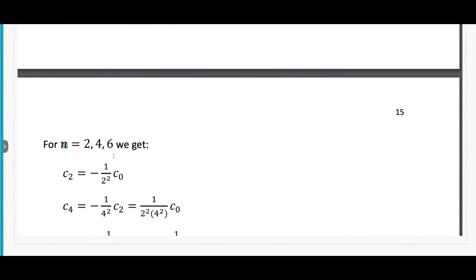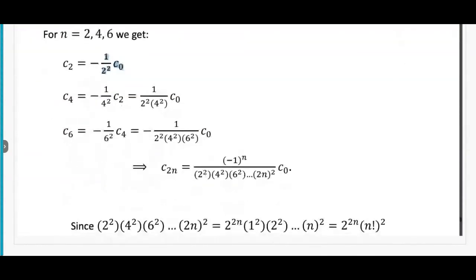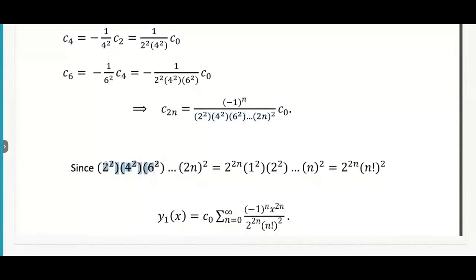So n equals 2, 4, 6. Plug in to try to find the pattern. So the pattern is this. So negative, positive, negative, positive. So we get an alternating sign, negative 1 raised to n. So I have 2n squared. 2 squared, 4 squared, 6 squared, 2n squared.